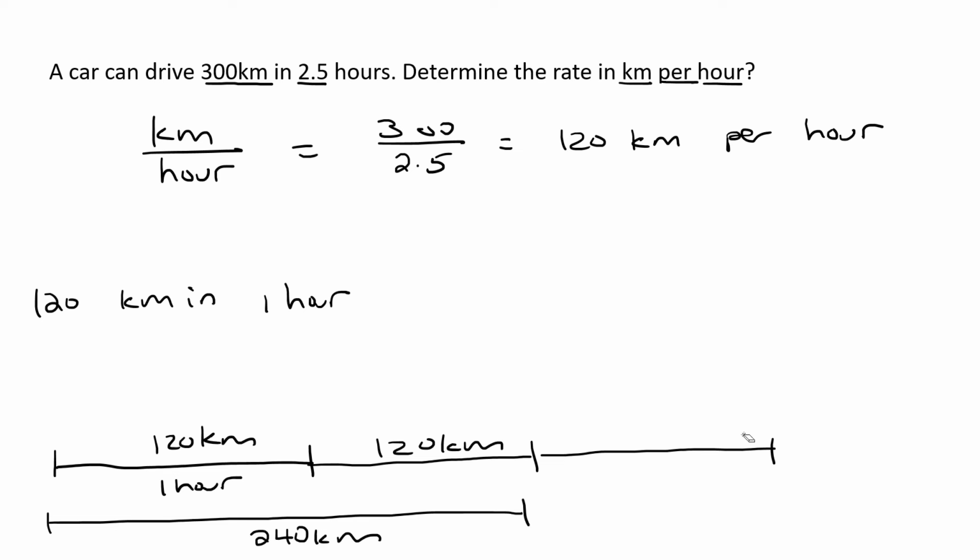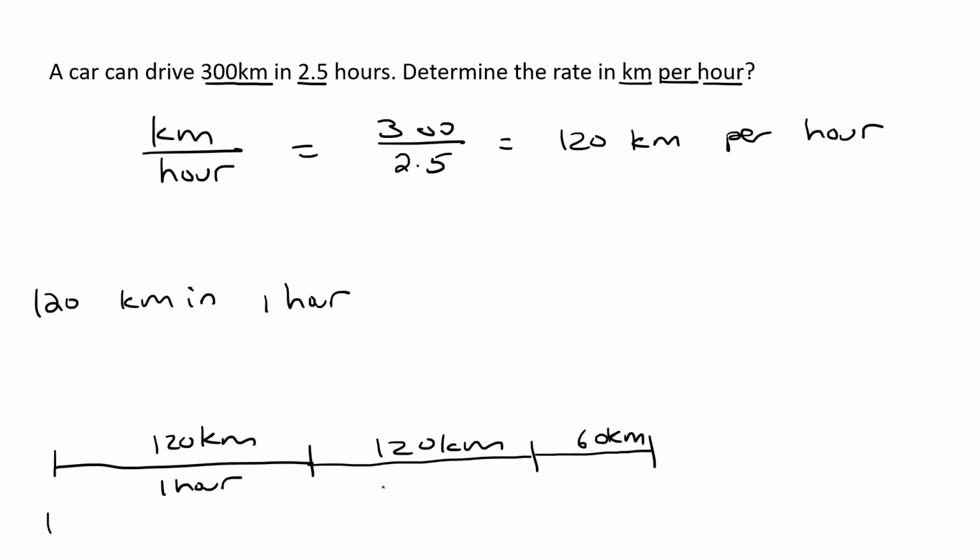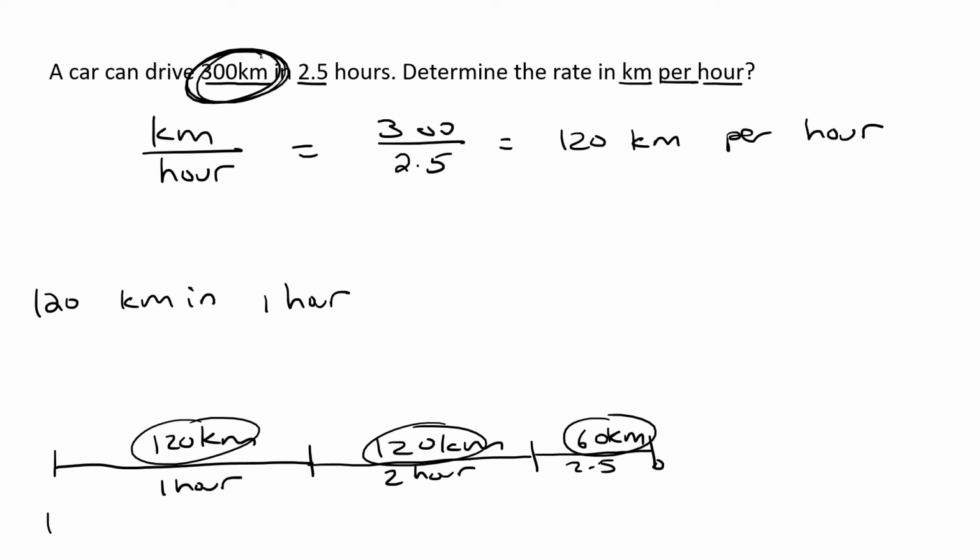But what if it only drives for half an hour? If it only drives for half an hour, well, then it will only be able to drive 60 kilometers. So in 2.5 hours, sorry, this is 2.5, it would be able to drive 120 plus 120 plus 60, which is 300. And that's exactly what they told us. So this car can drive 120 kilometers per hour.